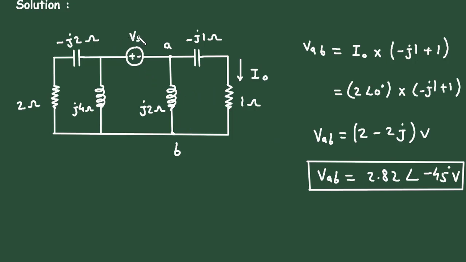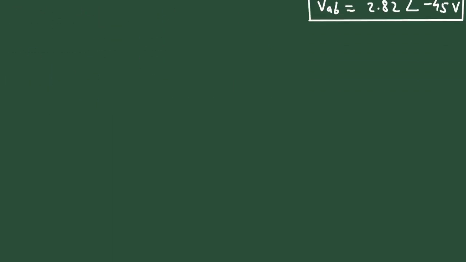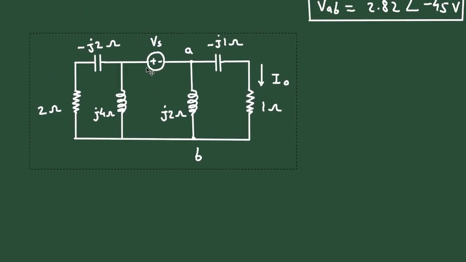Now we have to find this Vs. So again, let's redraw the circuit. Let's copy this from here and paste it here. Now we know the value of the voltage across this capacitor and resistor. So now let's find this current.